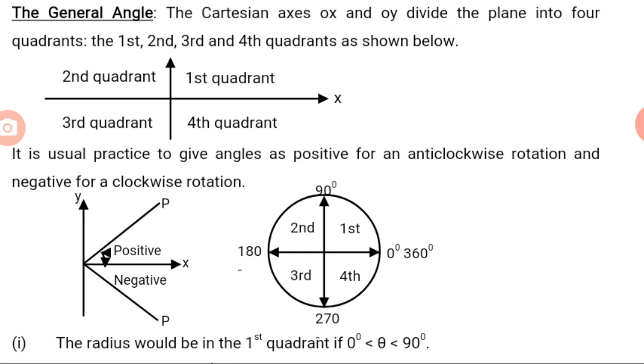Therefore, from 90 to 180 is the second quadrant. From 180 to 270 degrees is the third quadrant, and 270 degrees to 360 degrees is the fourth quadrant.